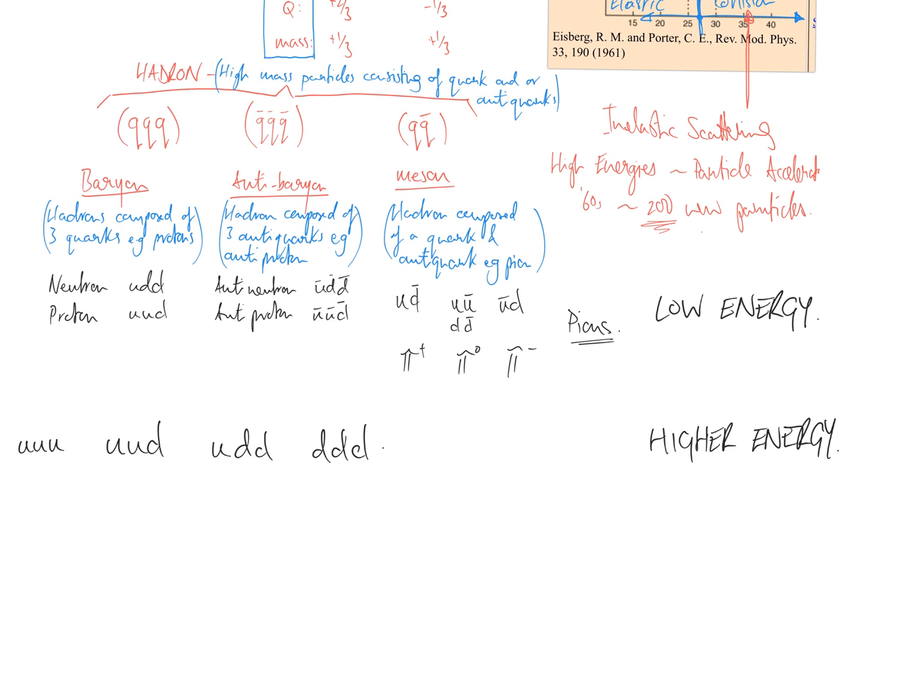And these would all come under the baryons, of which you think to yourself, well, hold on, some of those look very much like what we have already in the form of a proton and a neutron.